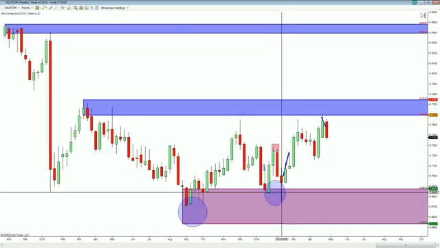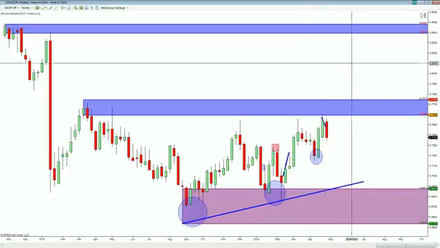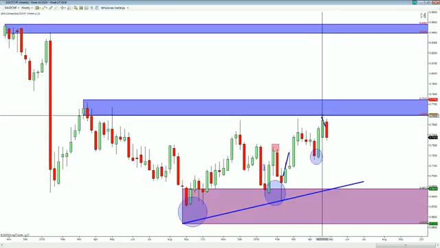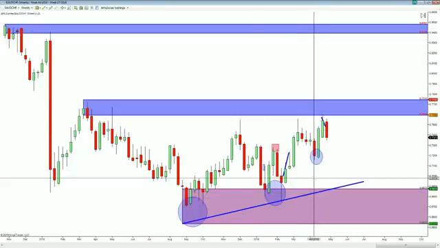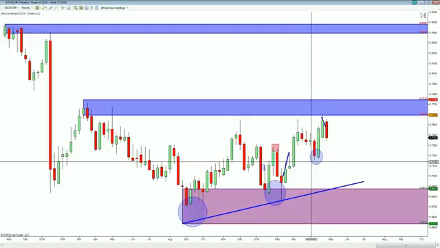I see a higher low right there, and then usually what happens is a retest right in the middle, which is what we just got here, and then looking for the breakout to the upside. We do have a new high here, but it's still just touching the zone. So this is yet to confirm that pattern.